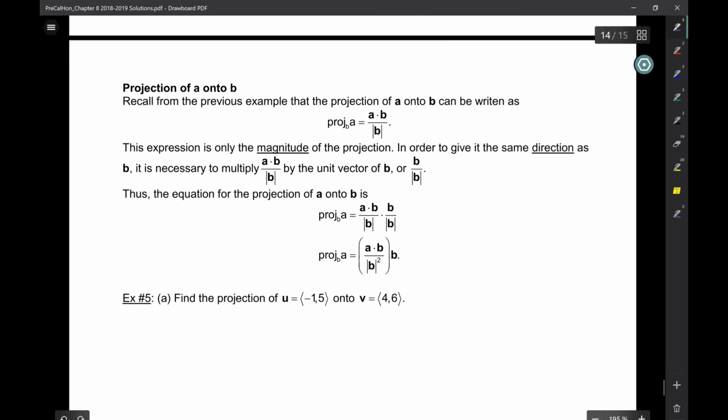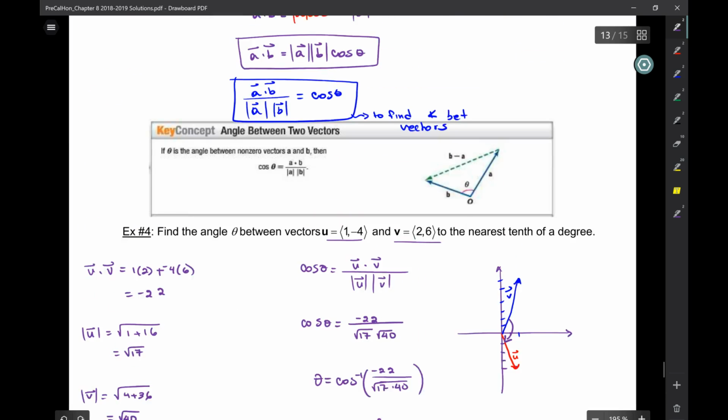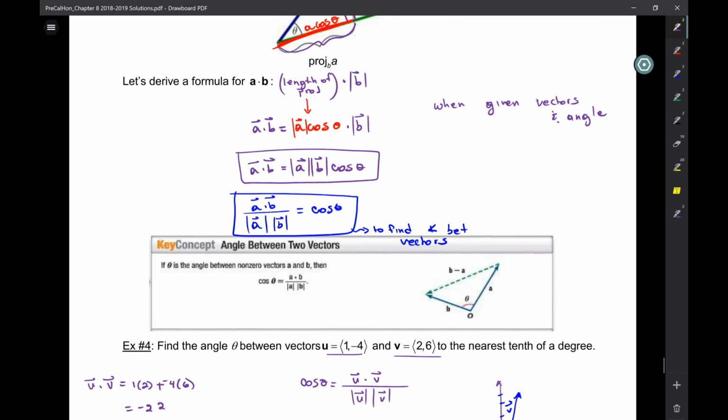Okay? And look, this is what all of this says. Look at this formula here. What is the projection? A cosine theta, right? So if I have A dot B and I divide it by this, I have A cosine theta.